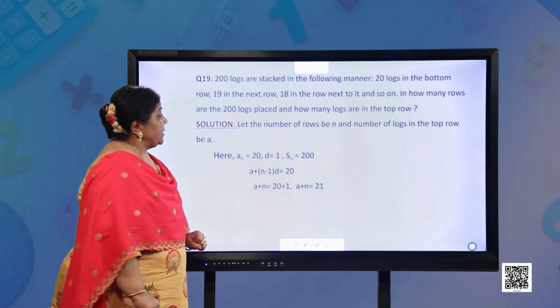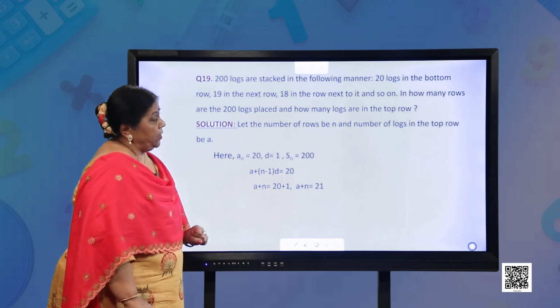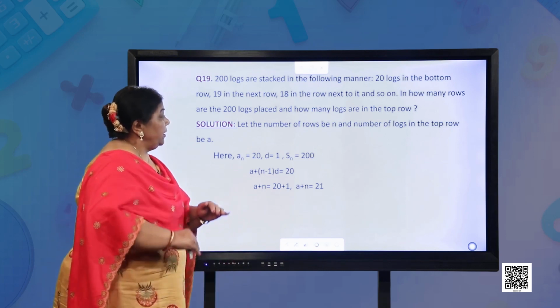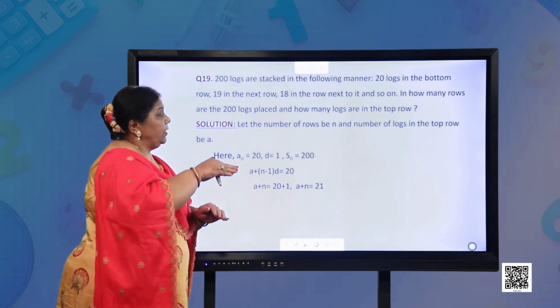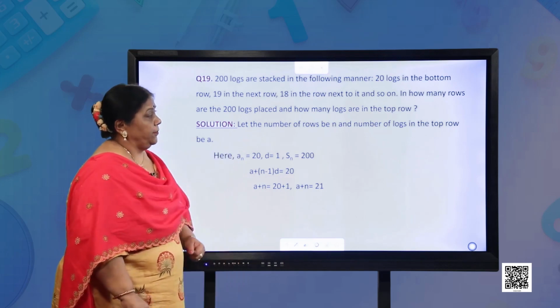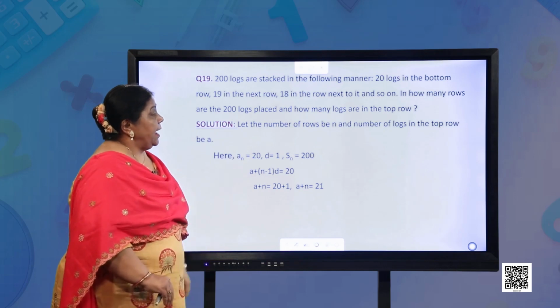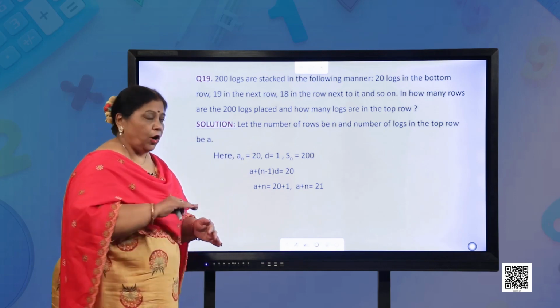200 logs are stacked in the following manner. 20 logs in the bottom row, 19 on the next row and 18 on the row next to it and so on. So, in how many rows are 200 logs placed and how many logs are there on the top row?